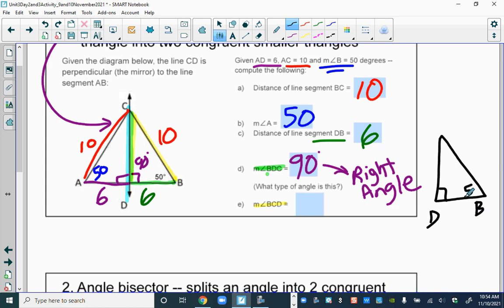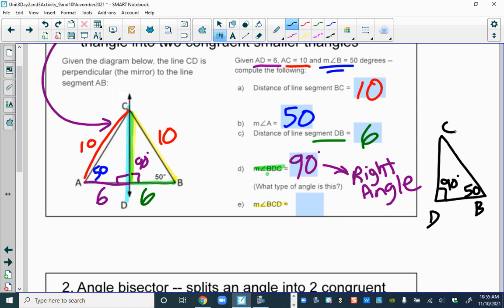You've got a 50, 90. We don't know what this top angle is yet, but do we have enough information to get it? Of course. What must the sum of the three angles add up to be? 180.